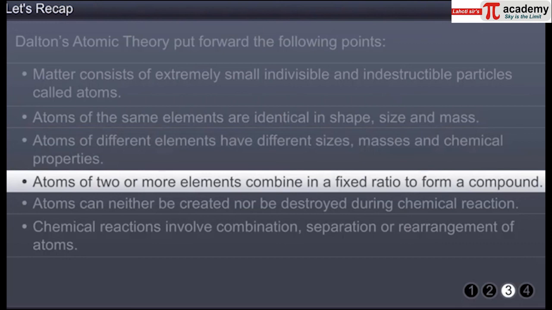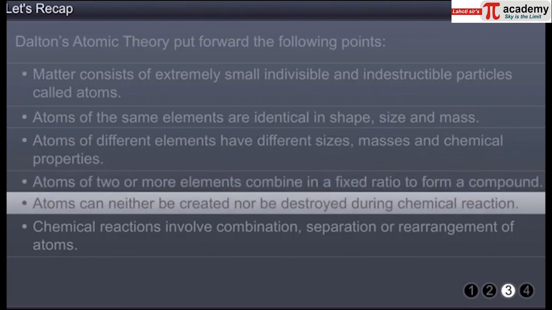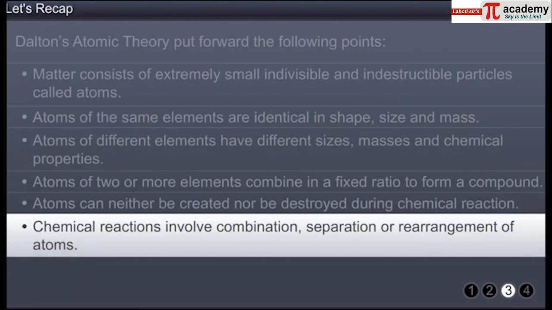Atoms of 2 or more elements combine in a fixed ratio to form a compound. Atoms can neither be created nor be destroyed during chemical reaction. Chemical reactions involve combination, separation, or rearrangement of atoms.